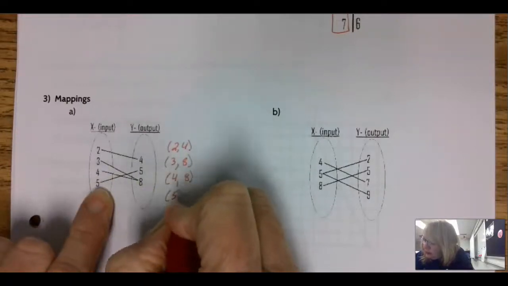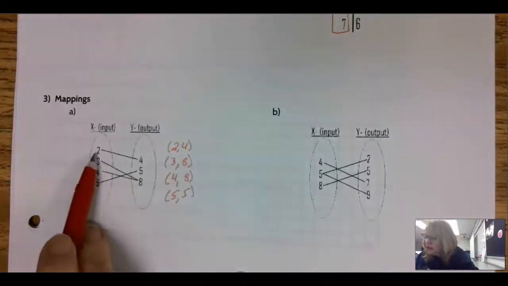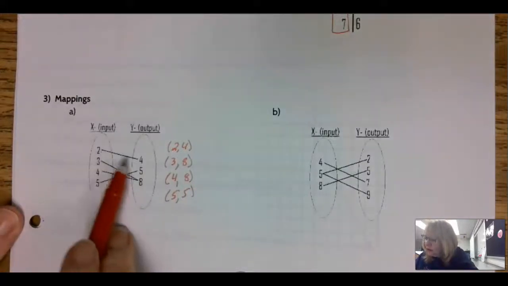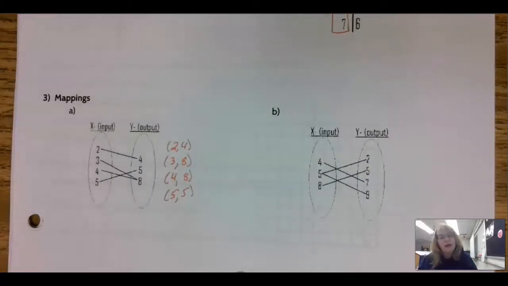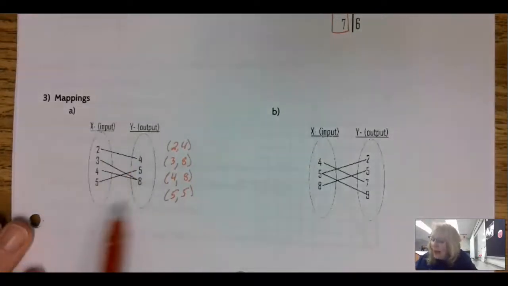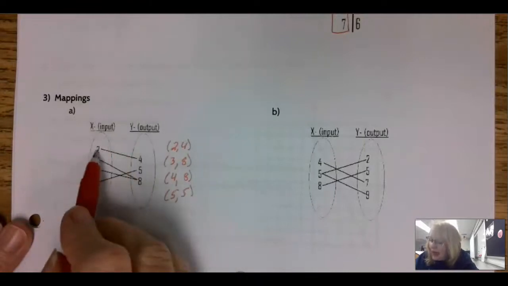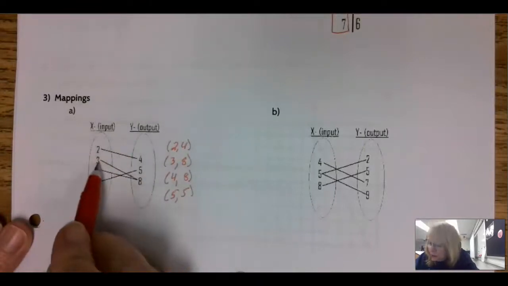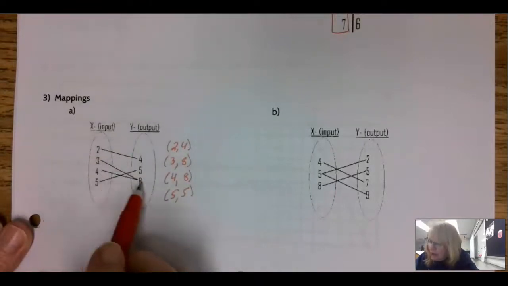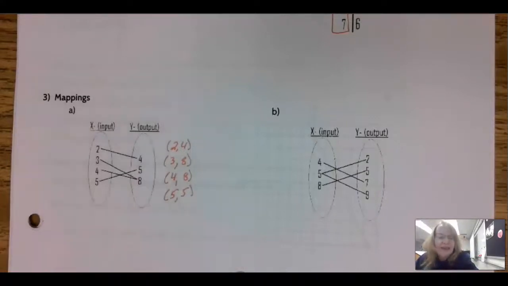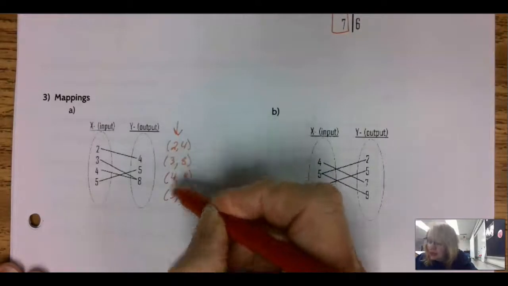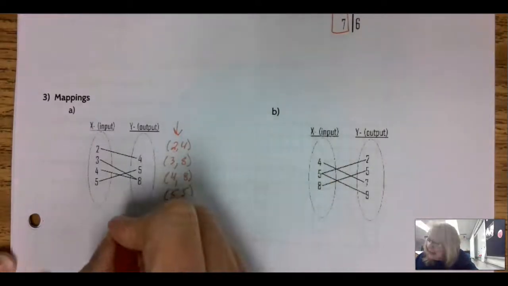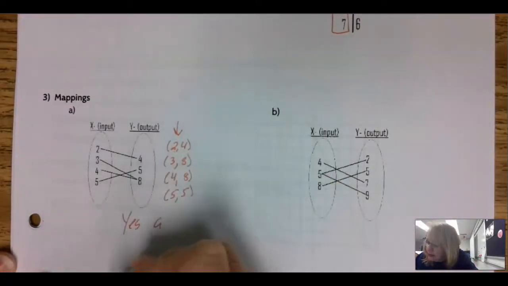And I have the ordered pair 5, 5. Those are my ordered pairs. So I took a mapping, and what this does is 2 maps onto 4, 3 maps to 8, 4 maps to 8, 5 maps to 5. For me, it's easier if I can look at them in ordered pairs and look at my x values. Do they repeat? Nope. This is a function. Yes, a function.